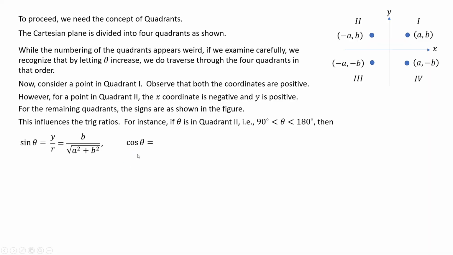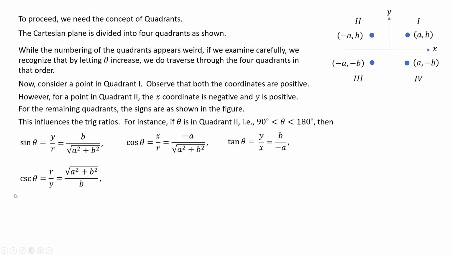Whereas when we get to cosine theta, we have x over r, x happens to be negative a, over r, which is of course positive. So cosine theta is actually negative. And tangent theta is y over x, which is b over negative a. And b is positive, whereas negative a is negative. So tangent theta would be negative.